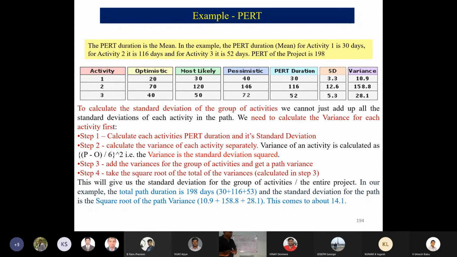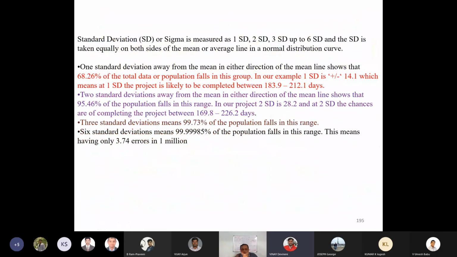Okay. So what you now do, the individual standard deviations, you square them and you get the variance. You add up the variances and you take the square root and you get 14.1. Then you can say that there is 68% assurance that the project will take 183 to 212 days.